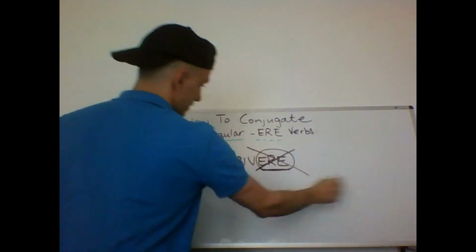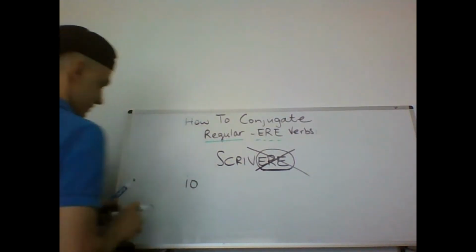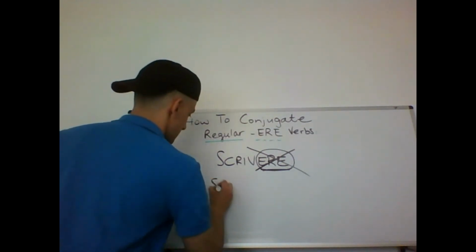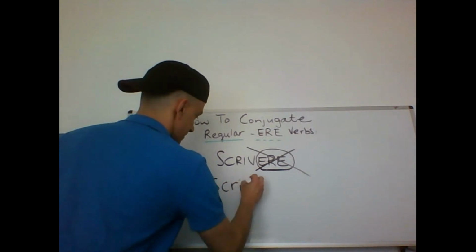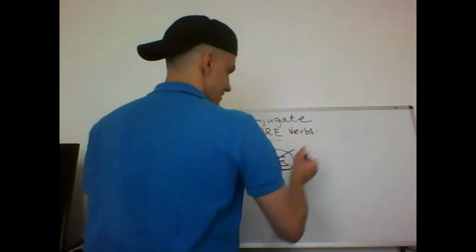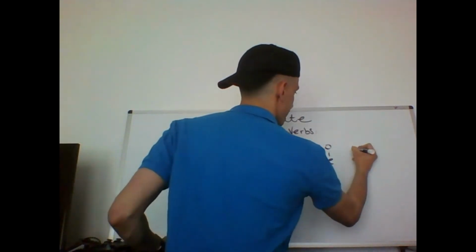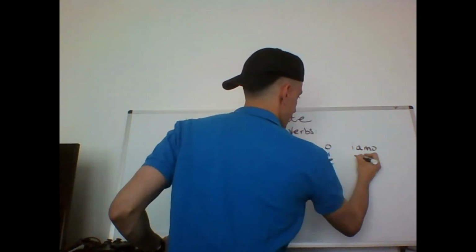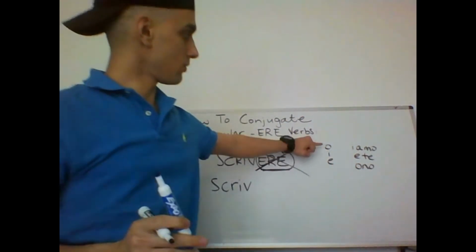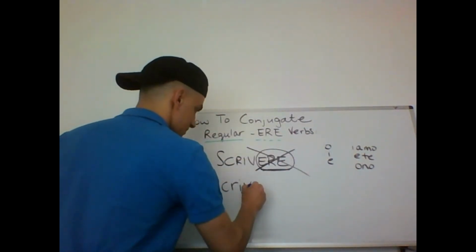Okay. And now we're left with the base that we have, which is scrive. If you go back to the table, and I'll put that table right here, O, I, E, iamo, ete, ono, and I know that io takes O, I'm just going to plop this O right there.